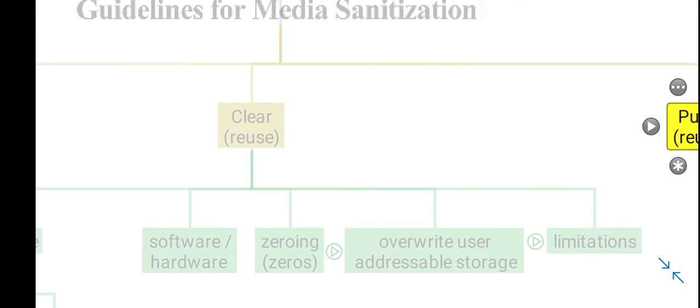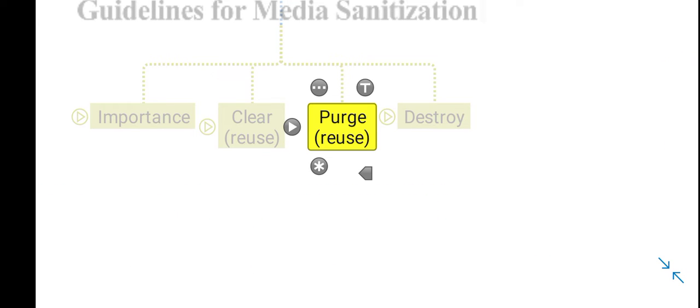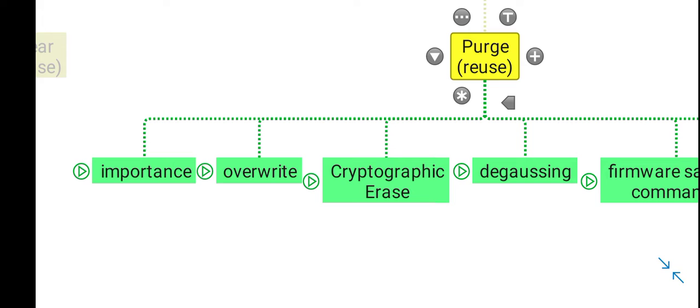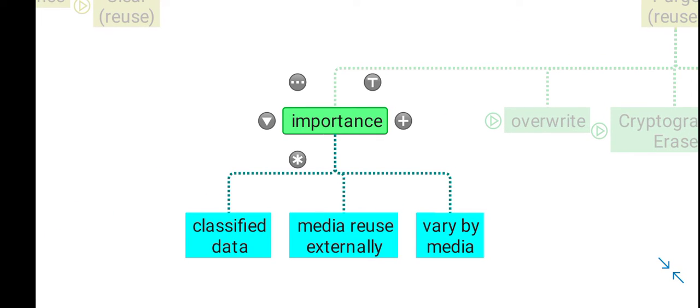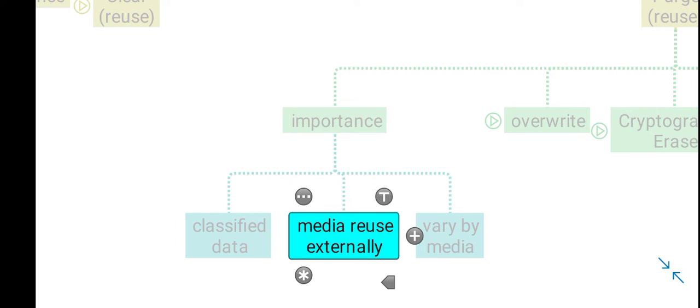The next technique is purge. This is used for classified data, where the asset which contains the classified data is going to be used inside the organization, or maybe the media doesn't contain any classified data, but this media has to be reused by an external organization, and you don't want your data to be exposed.